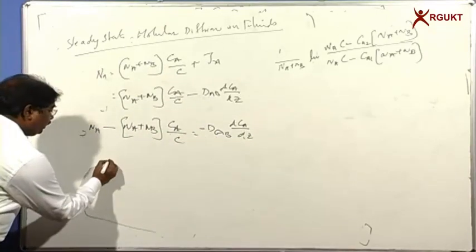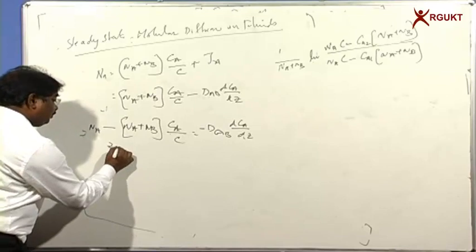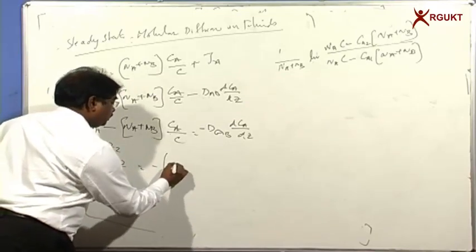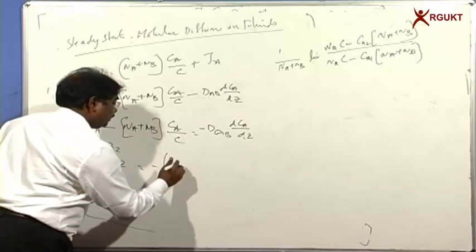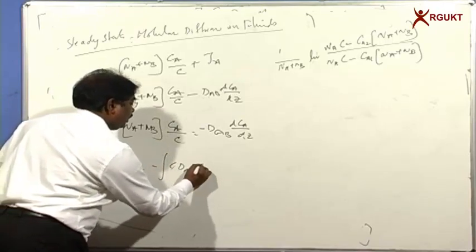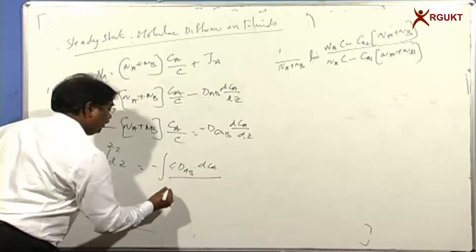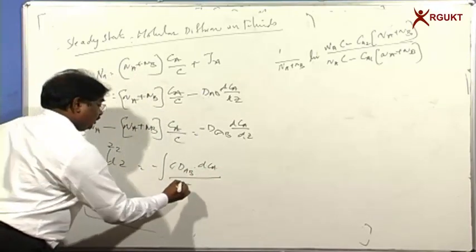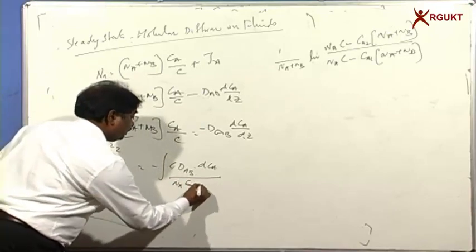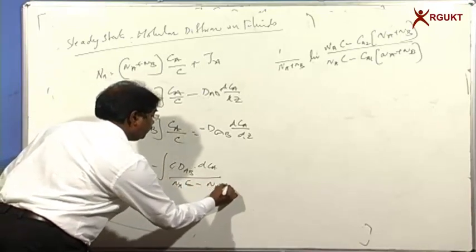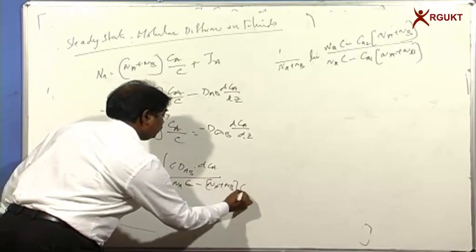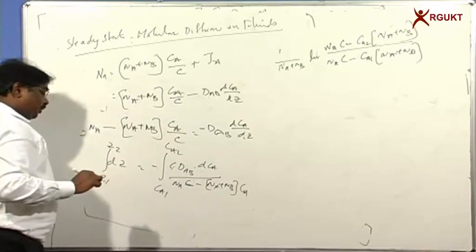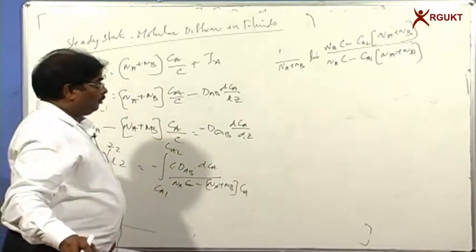Now dz from Z1 to Z2 is equal to the integration of minus C D_AB dC_A divided by N_A C minus (N_A plus N_B) C_A, where C_A1 and C_A2 are the limits.